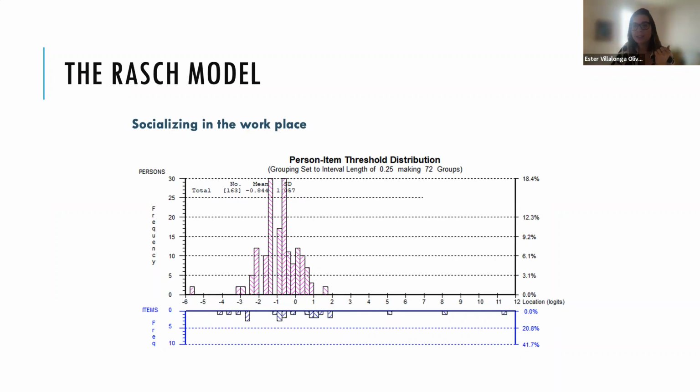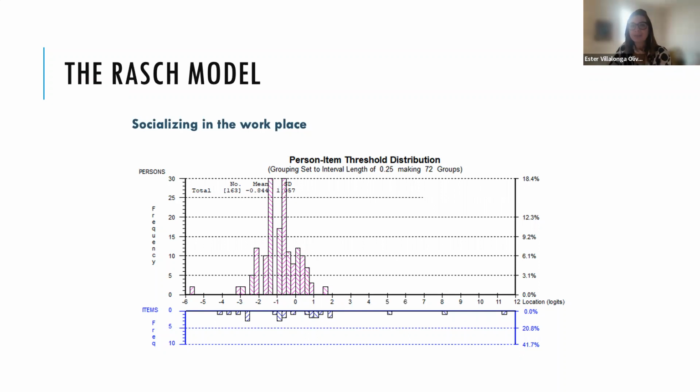So what is helpful is to observe which items are in each place of the ruler and evaluate which items are easier, which are the ones on the right side, compared to the other ones that are more difficult, which are always sitting on the left side here, okay?